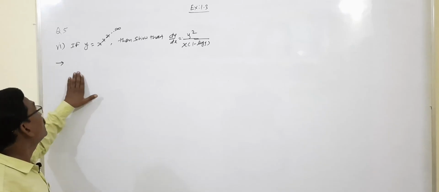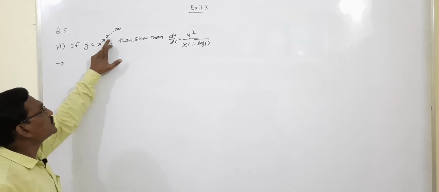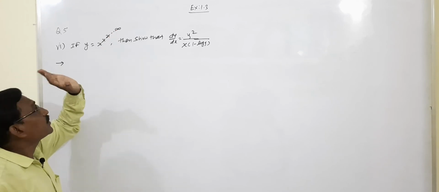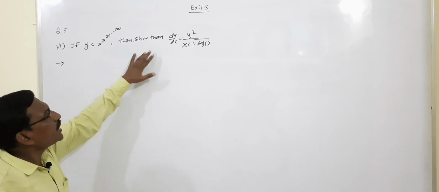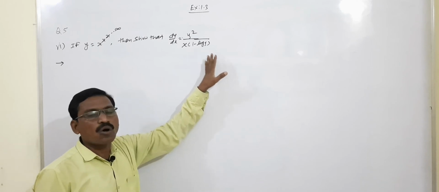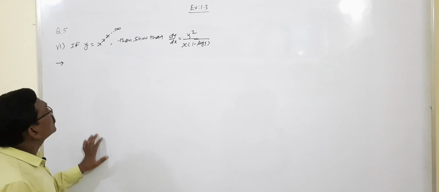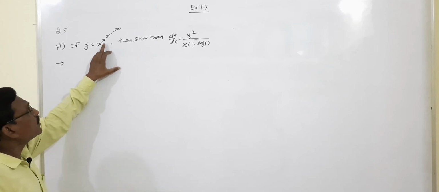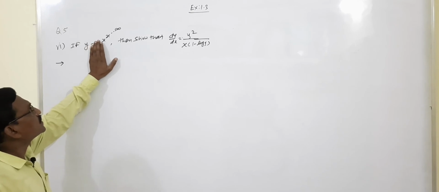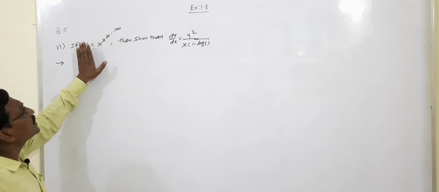Now this example: if y equal to x to the power x to the power x to the power and so on to infinity, then show that dy by dx equal to y square upon x into 1 minus log y. So in this type of example, we write here its power is y, because when we hide this x, it is again x to the power up to infinity, meaning it is again y.